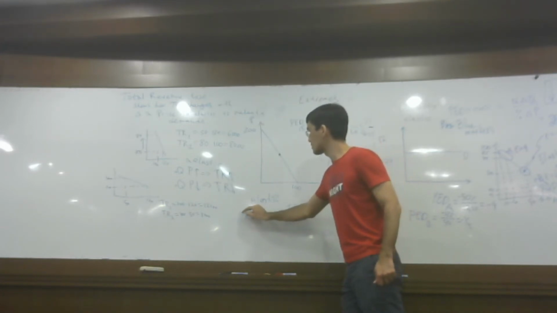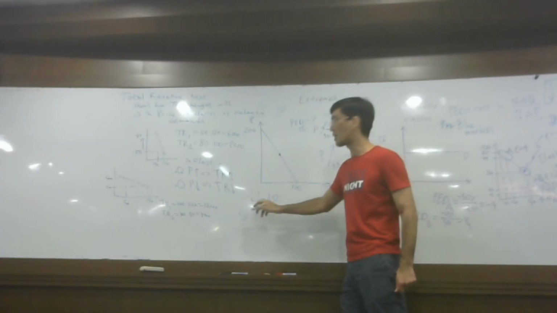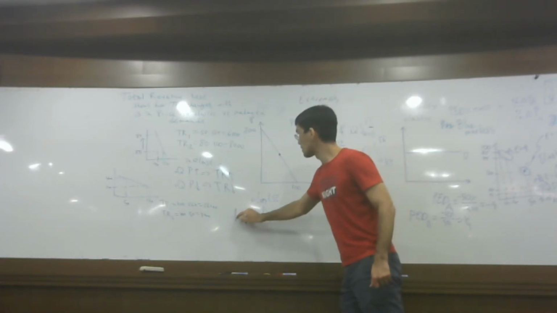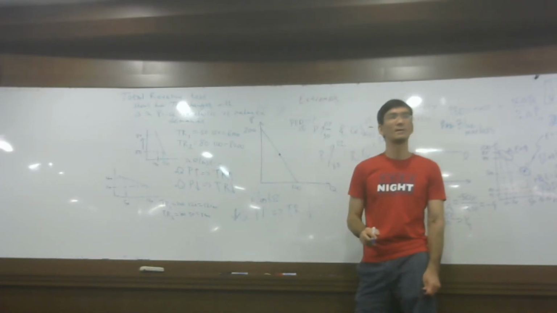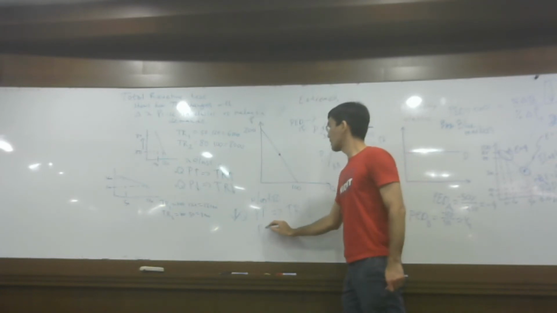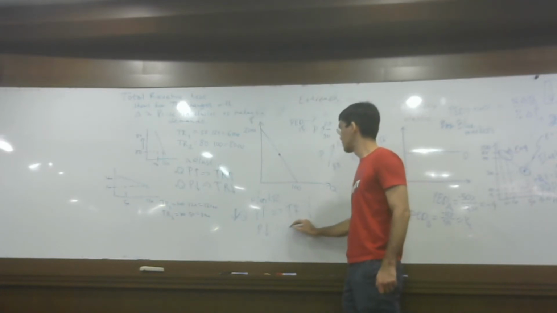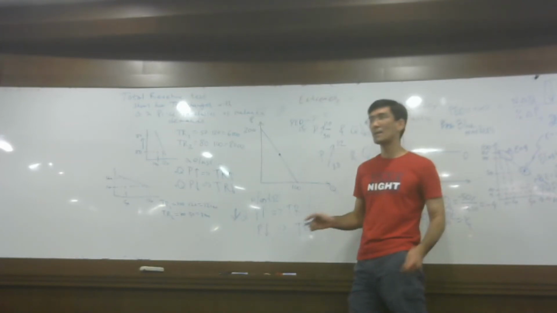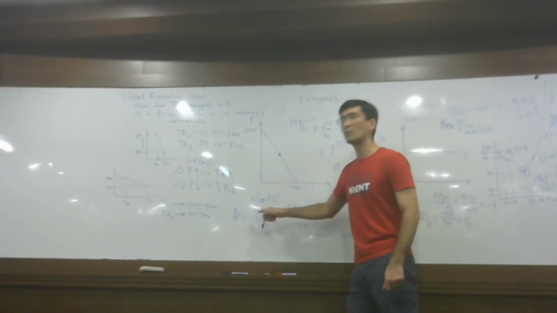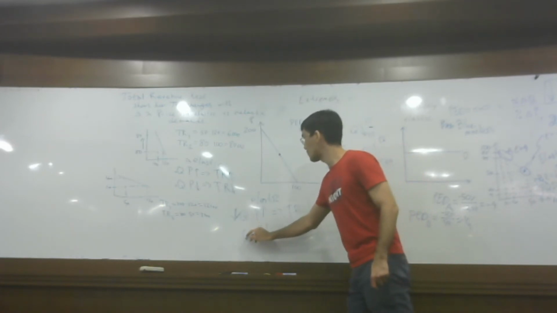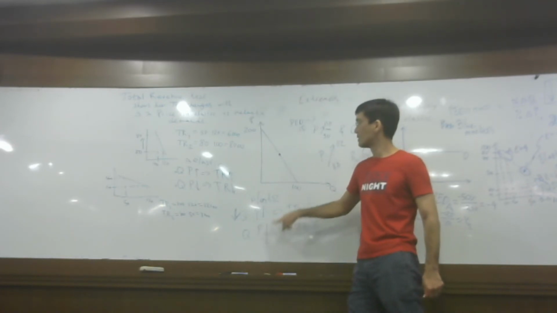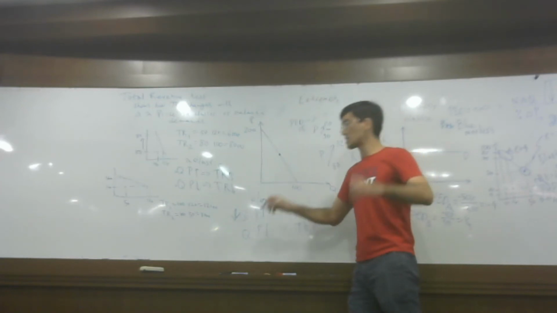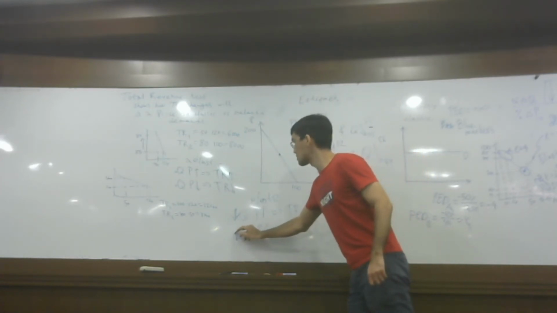Why? Because since it's elastic, an increase in price brings a bigger drop in quantity, right? And vice versa, a decrease in price leads to an increase in total revenue. Why? Because total revenue is the multiplication between price and quantity, right? So if I put quantity here, if it's elastic, a drop in price brings even bigger change in quantity demand.